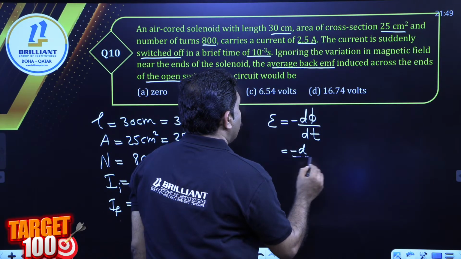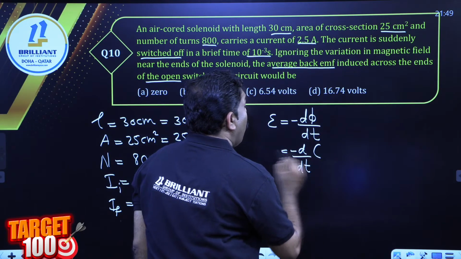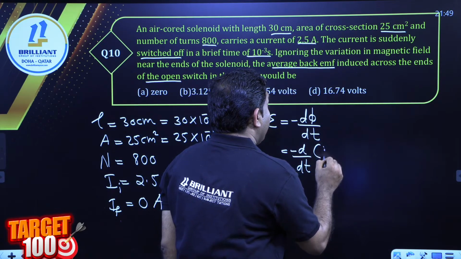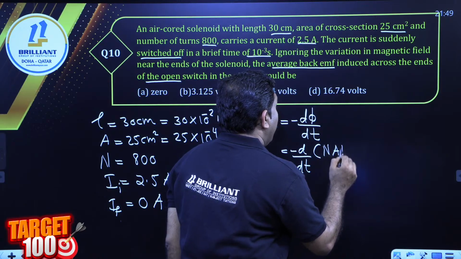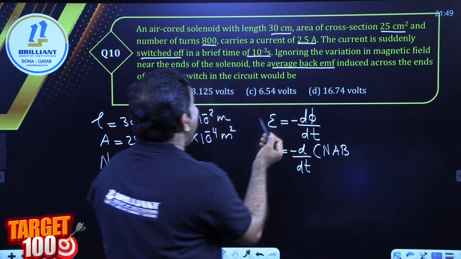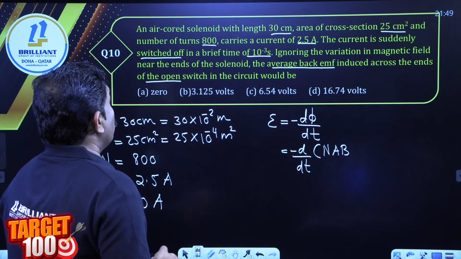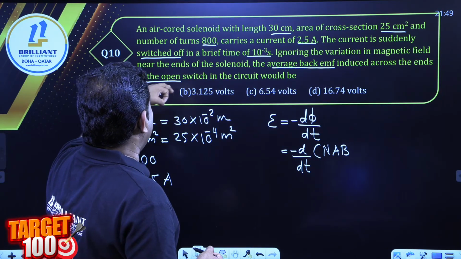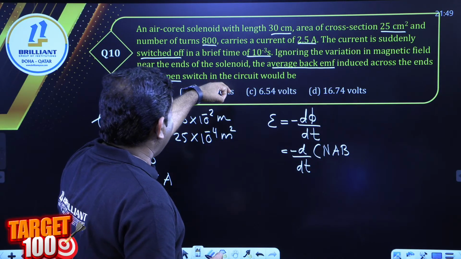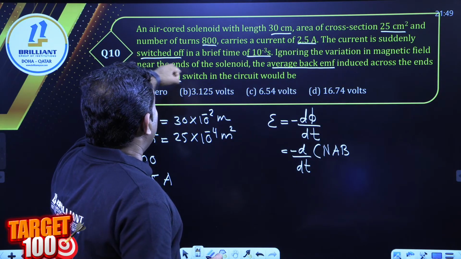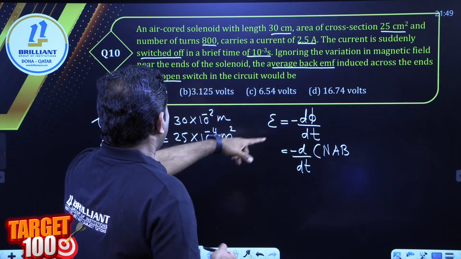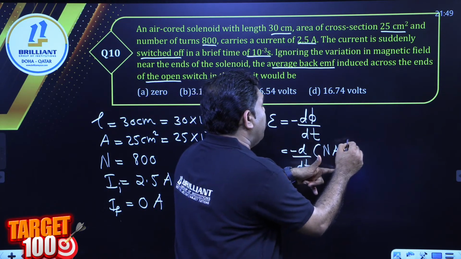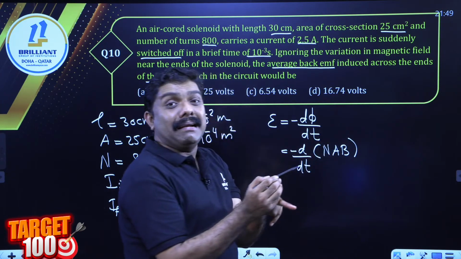So how can we find the induced EMF? Minus d by dt of the flux, I can write as NAB. The angle is not given, but we are neglecting the variation of the magnetic field at the ends of the solenoid, and it is an air core solenoid, so the angle will be 0. So NAB.